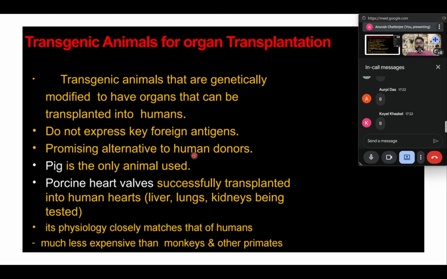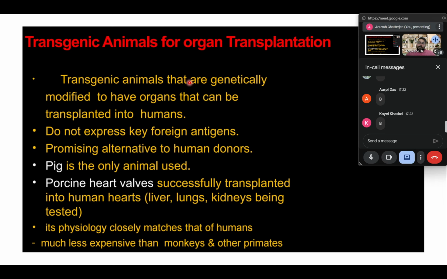So transgenic animals are also used for organ transplantation. These are transgenic animals that are genetically modified to have organs that can be transplanted to humans. There are particular proteins that a body checks to decipher if an organ or part of an organ or tissue is foreign or not, and these are called the MHC class 2 molecules.